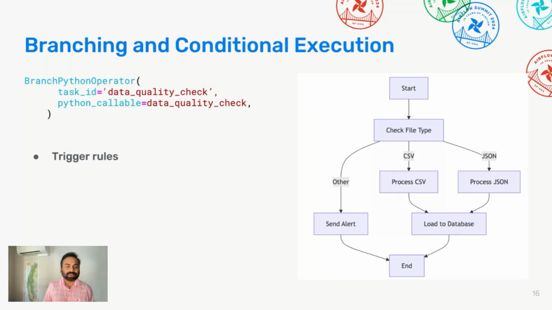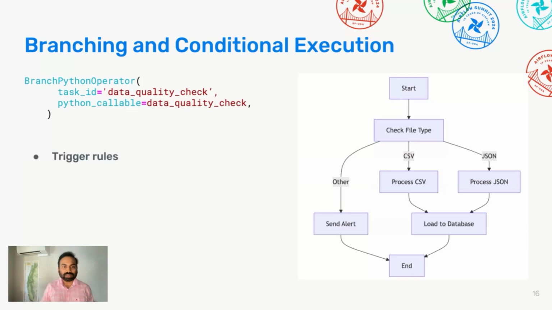This is another example of a branch and conditional DAG, where we check the type of the file and then do the processing as necessary. Depending on the type of the file, we call the corresponding processor. We also have an alerting mechanism built into the DAG itself.